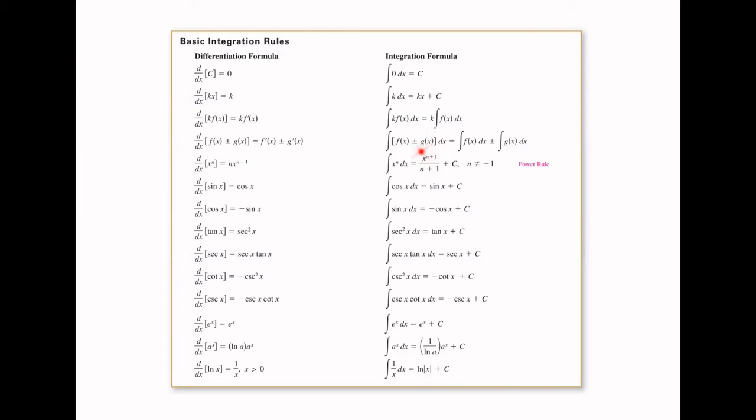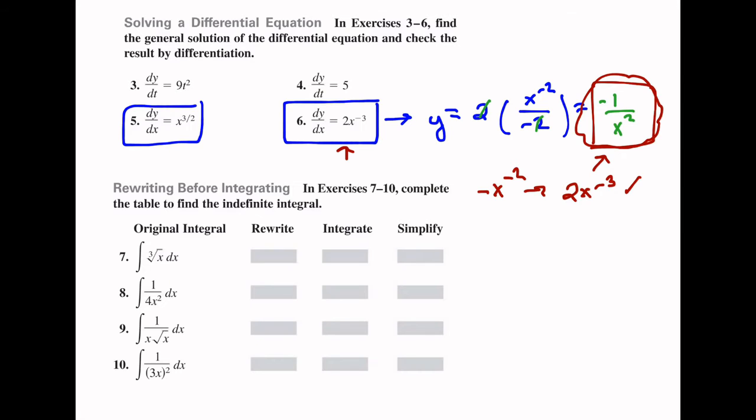So you want to increase the power by 1. And then to make up for the coefficient that would have been present in its derivative, you have to divide by that number. So x to the n plus 1 over n plus 1. And then don't forget your plus c. Did I forget my plus c in that last one? I'll be darned I did. All right, so this should have had a plus c at the end.